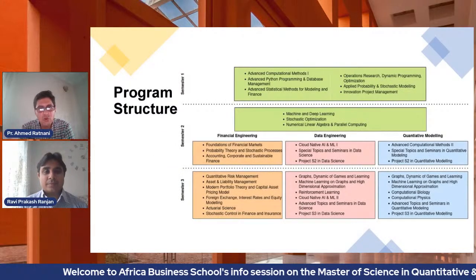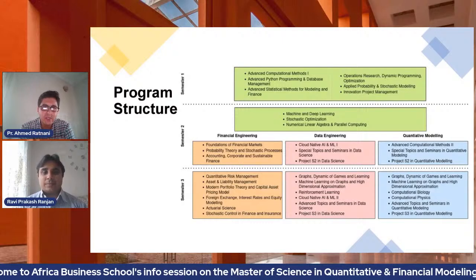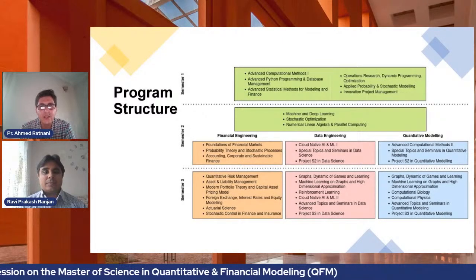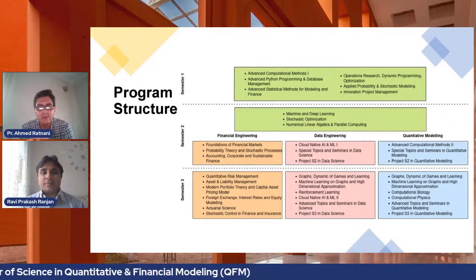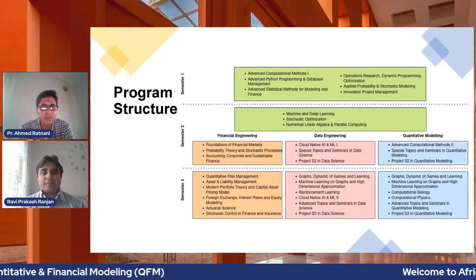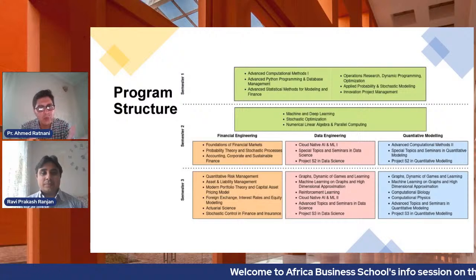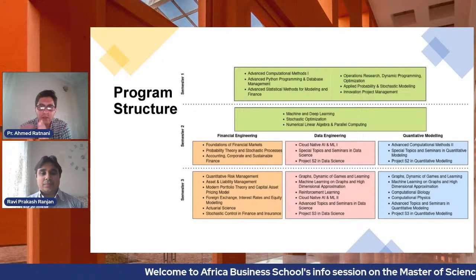So this is the full structure of the program, where we see the 1st semester and half of the 2nd semester that are common to all the specializations, and then the students will be able to choose during the 2nd semester between financial engineering, data engineering, and quantitative modeling.